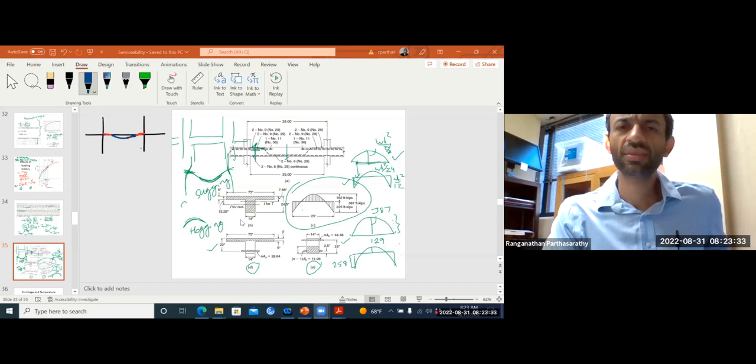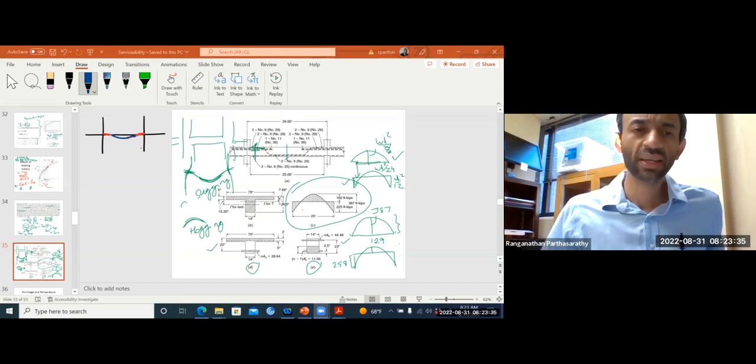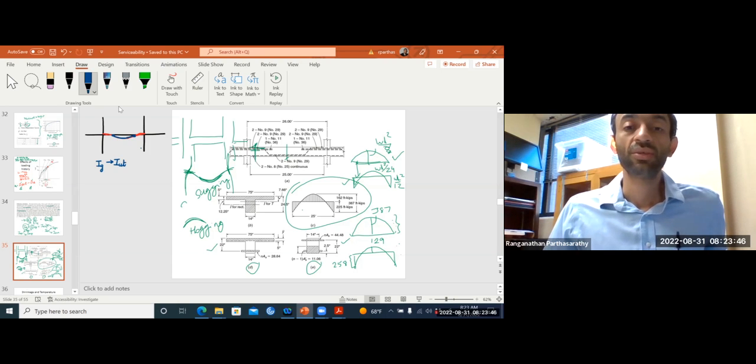Like we said, the code allows us to use I gross as an approximation of I uncracked transformed. In the positive moment region, your flange is under compression.